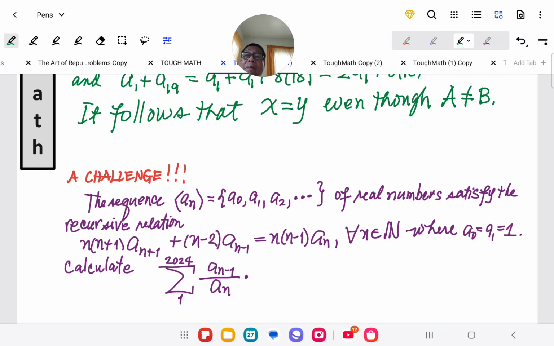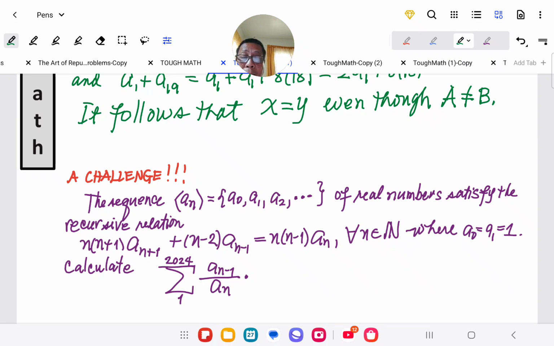Okay, so that's it for this video, and our challenge is the sequence A_n consisting of a sub 0, a sub 1, a sub 2, and so on, of real numbers that satisfy the recursive relation n times (n plus 1) times a sub n plus 1 plus (n minus 2) times a sub n minus 1 equals n times (n minus 1) times a sub n for all natural numbers n, where a sub 0 equals a sub 1 equals 1.